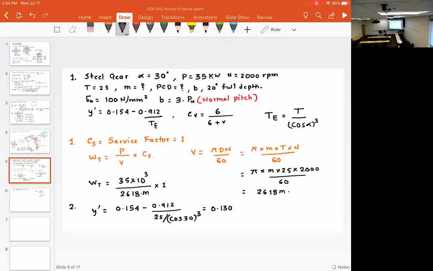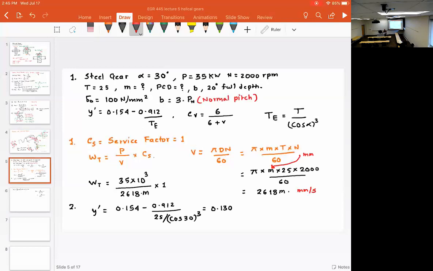the one thing that I want you to be careful about is this velocity factor. Velocity has to be in meters. I just want to be clear, and this is a mistake that students make. This module is assumed to be in millimeters, so this velocity is actually in millimeters per second.